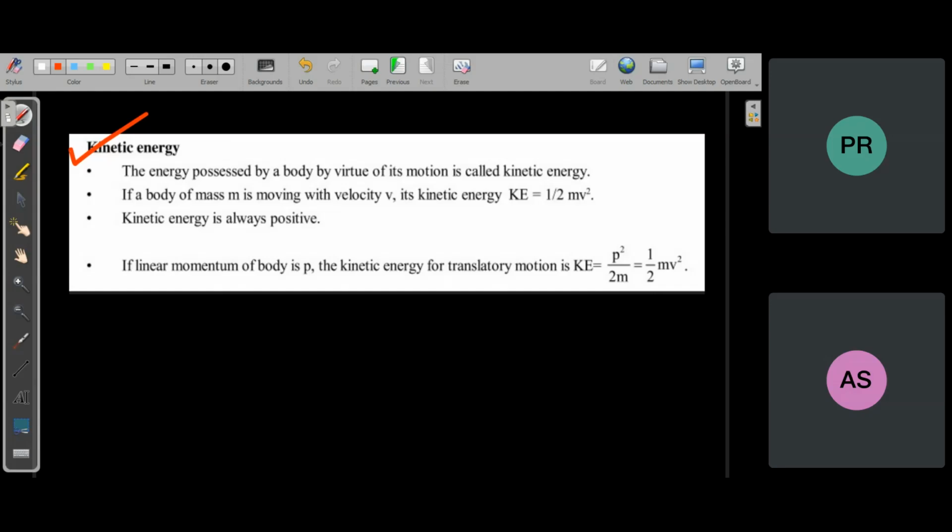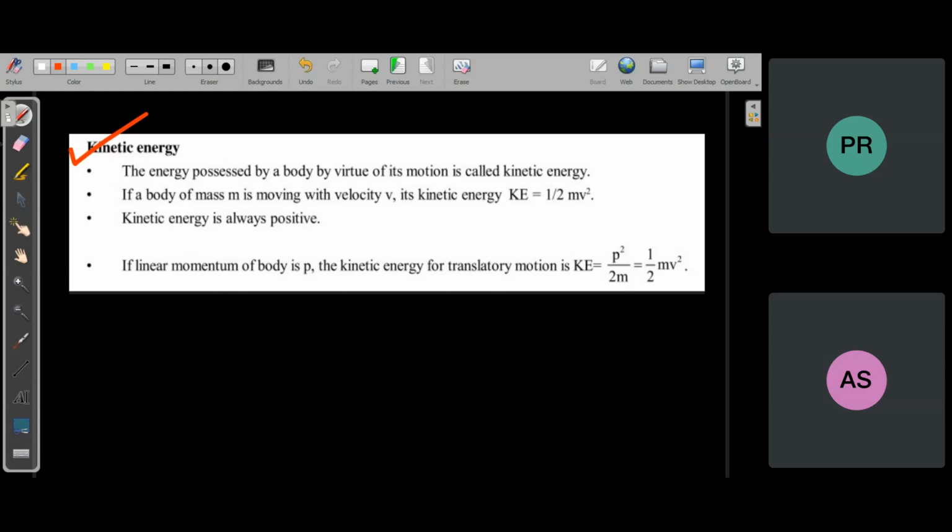Sir, if we say that the energy is half mv square, if the body is moving, we are saying that the body is having this energy, no, sir. If this is not created, then the body should have this energy, whether it is at rest also. Yeah.